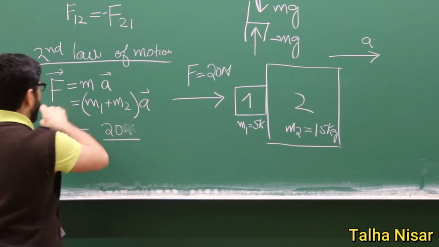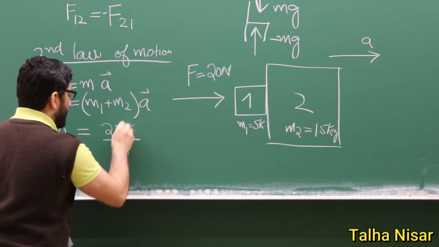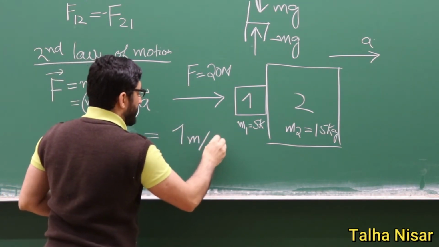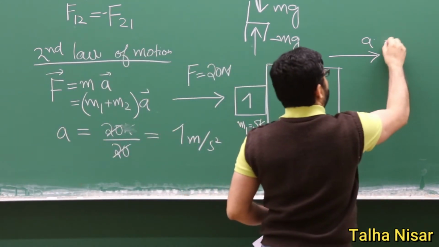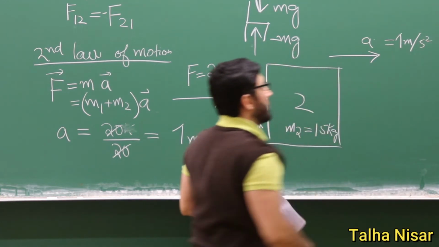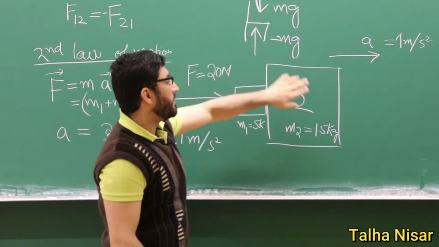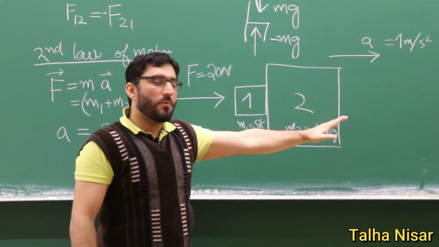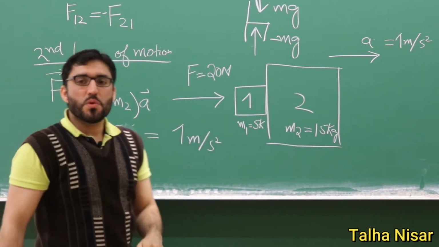So 20 over 20, the acceleration is 1 meter per second squared. We apply a force on the whole system, so 1 and 2, the whole system is accelerated in this direction because of this force, which is 20 newtons.